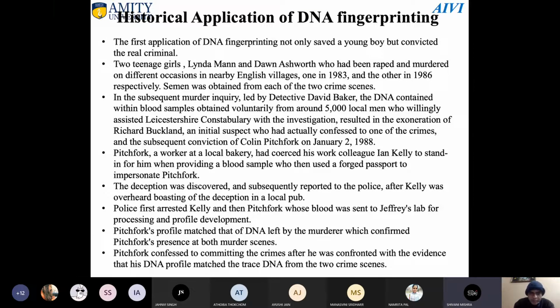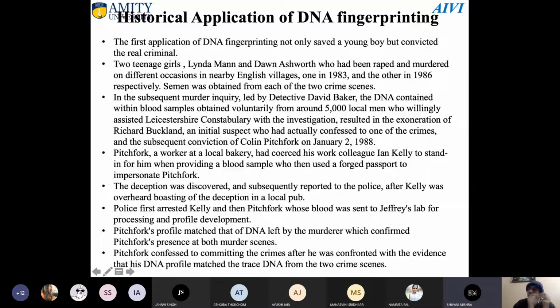Pitchfork then confessed to committing the crime after he was confronted with the evidence that his DNA profile matched the trace DNA from the two crime scenes. So these crimes happened in 1983 and 1986, and utilizing the technique developed by Alec Jeffreys led to the conviction of Colin Pitchfork.